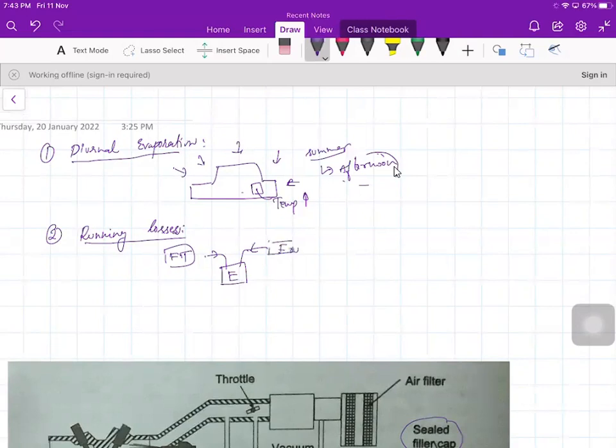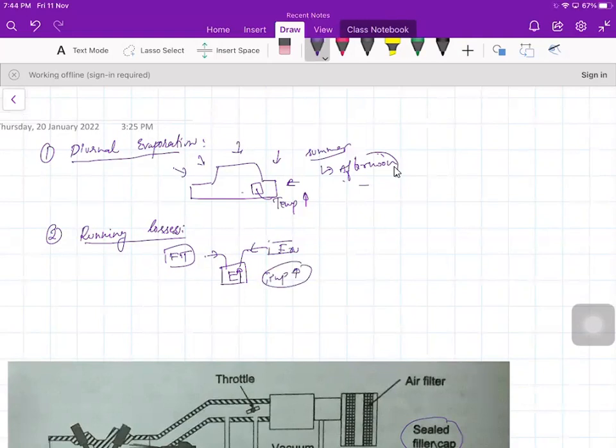Now what happens if your engine is continuously running? Due to continuous operation of the engine, the temperature will increase, or a rise in temperature occurs.